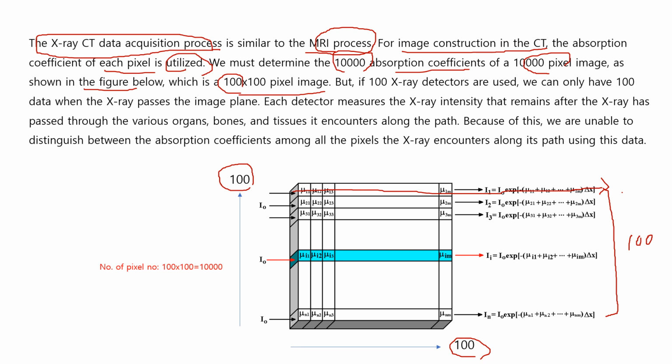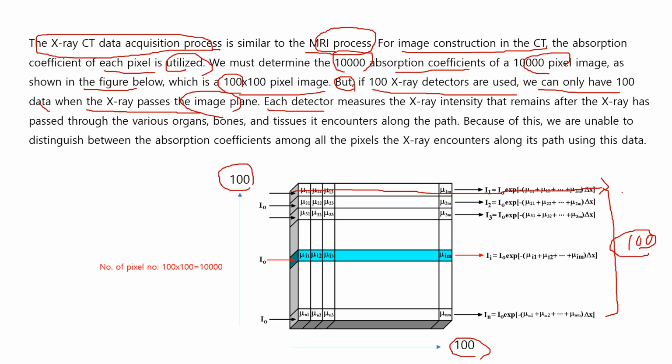But if 100 X-ray detectors are used, we can only have 100 data when the X-ray passes the image plane. So, for one scan of X-ray, we can have 100 data, right?